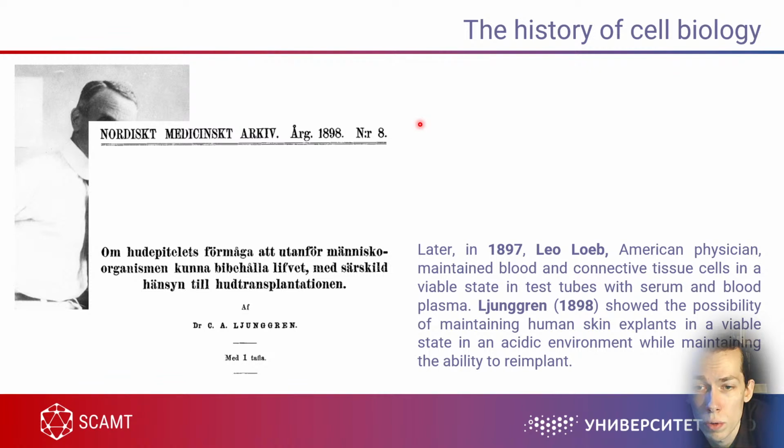Then there is the work of, I believe, a Norwegian or Finnish scientist, Ljunggren, who published this paper. As you can see, I don't know what this language is, but he maintained some skin explants in a viable state in an acidic environment. As you may know, our skin has an acidic pH, maybe like 5 or 6.